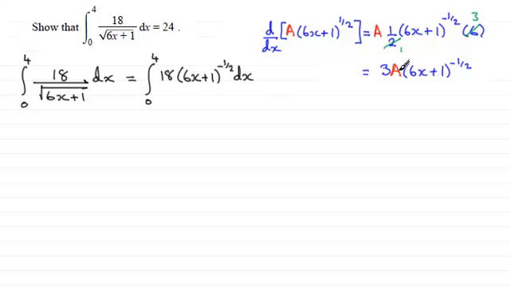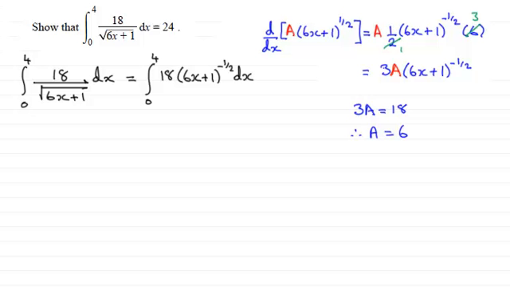So I need to find out what a is. Well, it's pretty obvious, it's 6. But what I'll do is I'll just write it down. I'll just write down that 3a must equal the 18 that we've got here. And so therefore a must equal 18 divided by 3, which is 6.